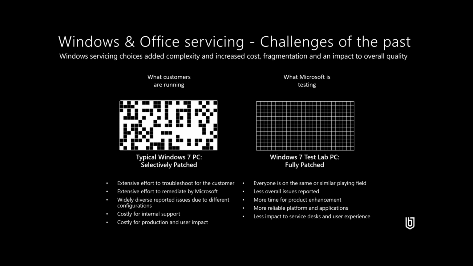And at the end, you have a much more reliable platform, much more reliable applications, less impact on the service desk with people phoning up saying their PC's got a blue screen, that type of thing, and ultimately a much better user experience. And that will eventually help mold that idea of the mobile phone, where an update appears on it and you just hit install and let it go.